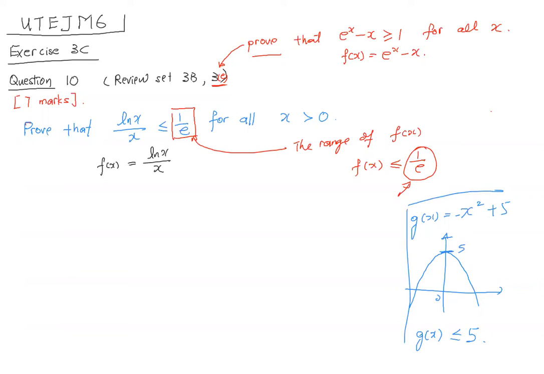So what does that tell you? Is it the maximum value? Okay. So that means it's telling you the maximum value of f(x) is 1 over e.